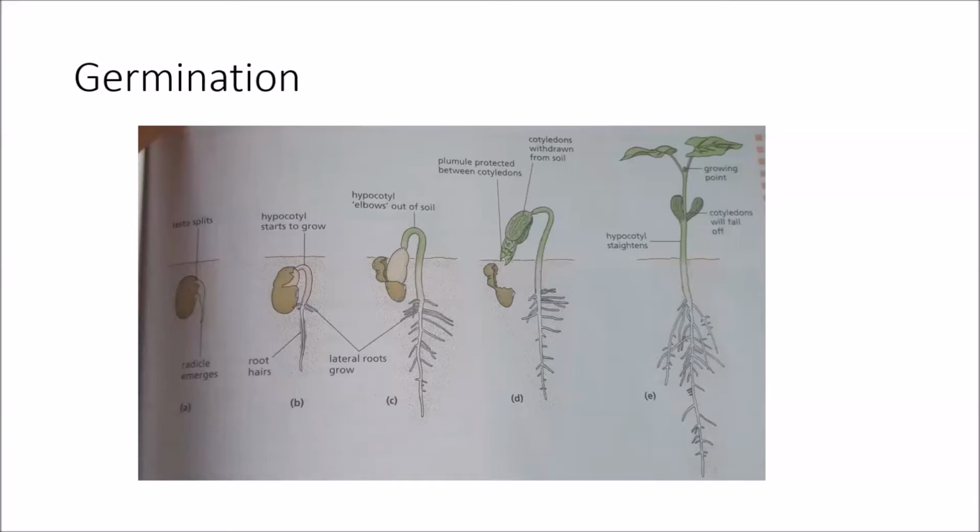Now, during this entire process, remember I said that the cotyledon supplies this growing seedling with food. Okay, so inside the cotyledon, or inside the seed, there's stored starch. Okay, the cotyledon is going to store this starch, and the seed is going to do respiration.